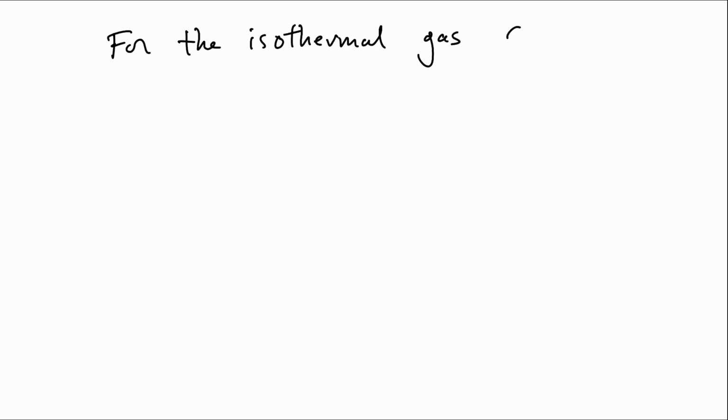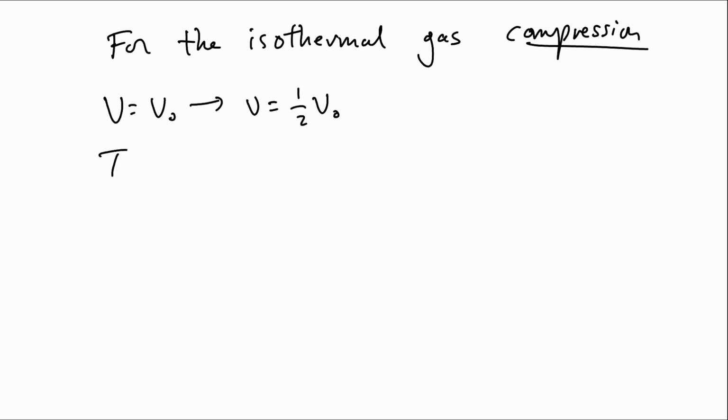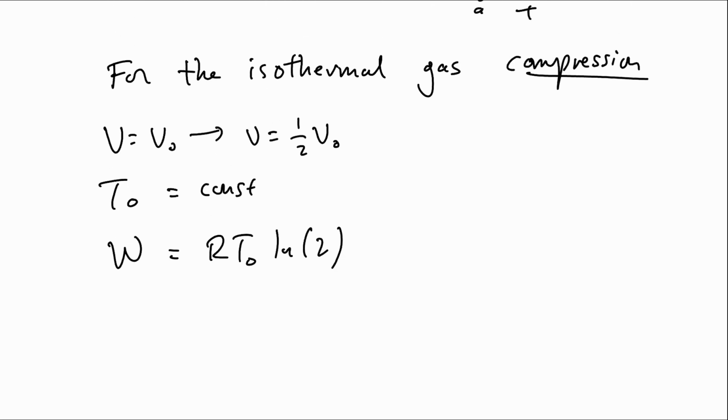For the isothermal gas compression, we did this, and we had V going from V naught to 1/2 V naught. T naught is constant. And the work was RT naught log 2, right? So that's the problem we did. But let's do it in general.